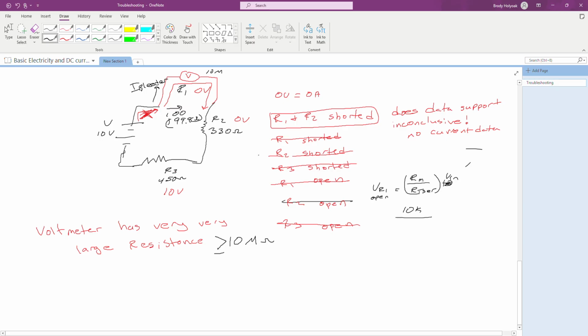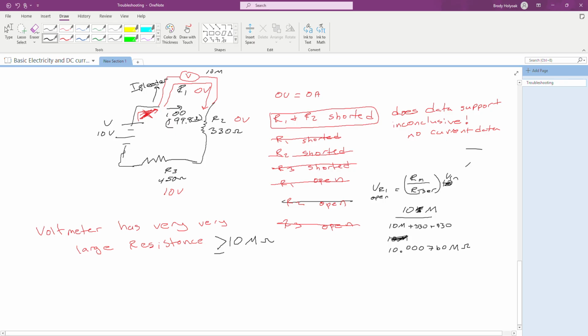My total series is a 10 meg, sorry, this should be a 10 meg, not 10K. I have 10 meg plus 330 plus 450. So that's going to give me 10 meg, or 10.000760 mega ohms.